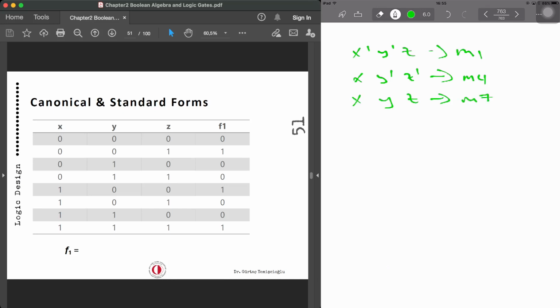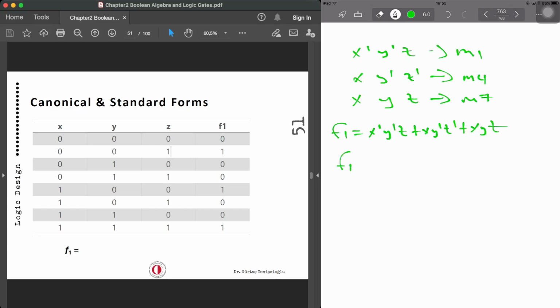So we can say that f1 equals x prime, y prime, z, or x, y prime, z prime, or x, y, z. Or in other words, this is equivalent to the sum of the min terms.